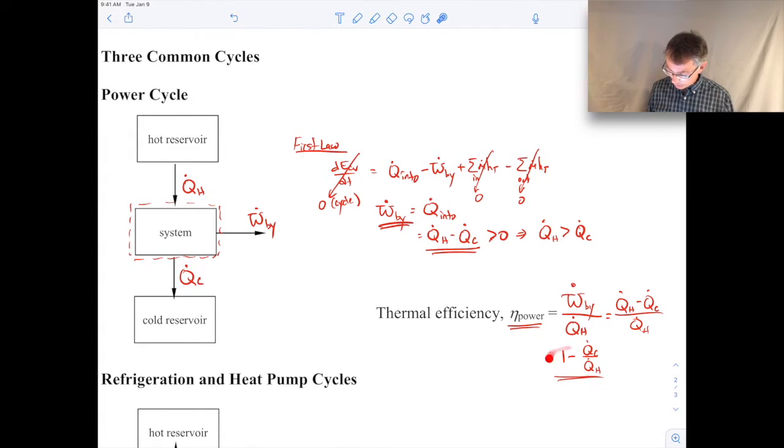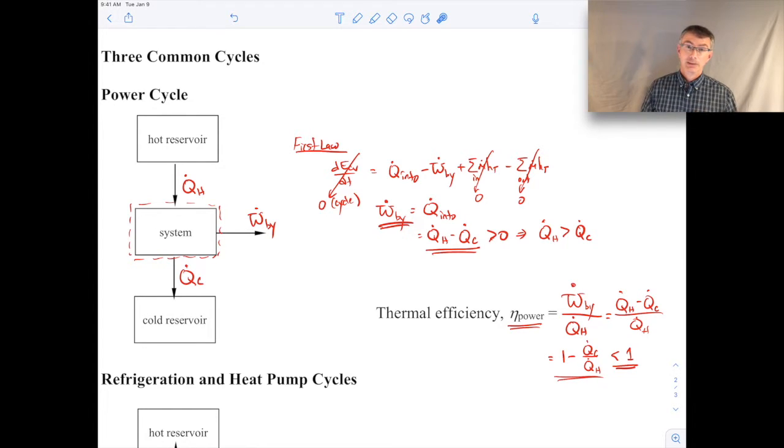Now when you look at that expression, you'll see here that the Q dot H is larger than Q dot C. And so what that means is that this ratio will be less than 1, which means 1 minus that will also be less than 1. So our thermal efficiency will always be less than 1.